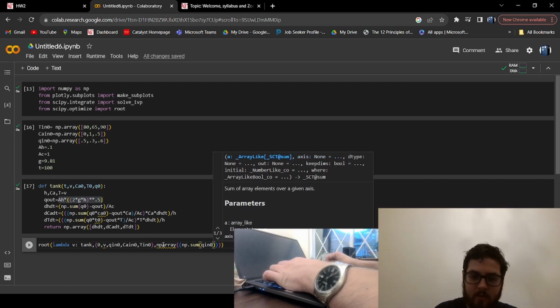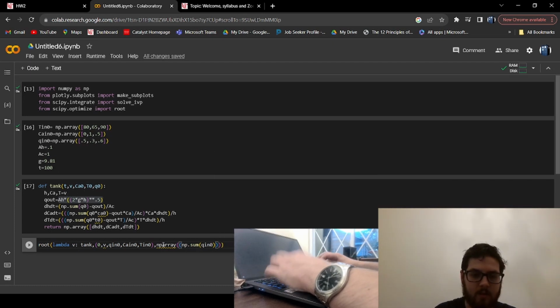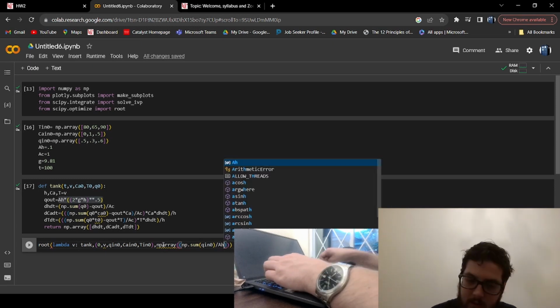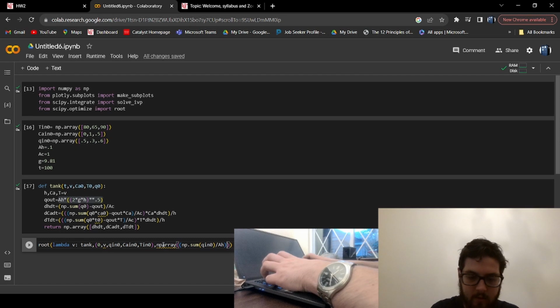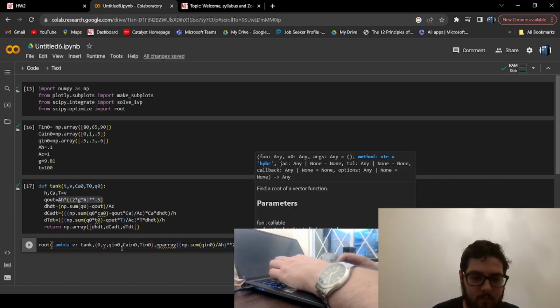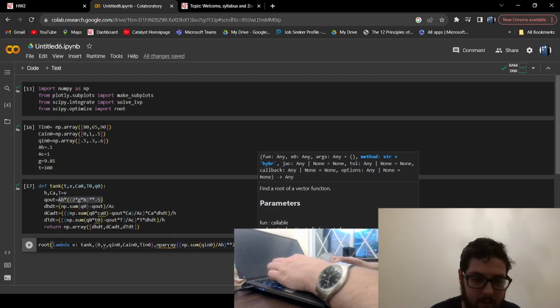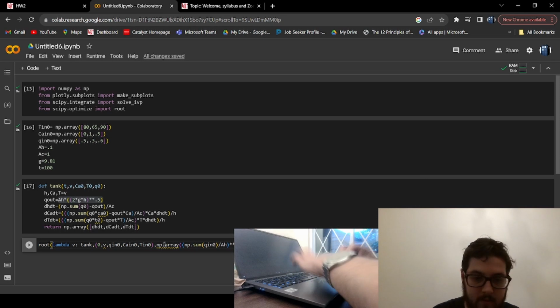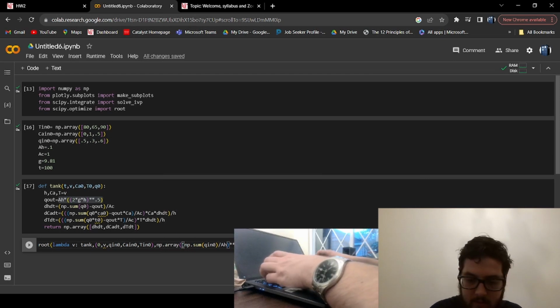No, that'll be summation of Q in 0, and then we want it to be divided by the size of the hole, and we want it to be squared, and then we want it to be divided by 2g. And I think that'll work. Oh, and then I need brackets for the array, and a period to actually make it an array. Alright, let's see if the algebra wants to work.